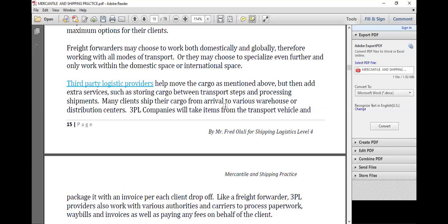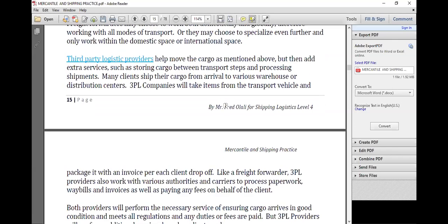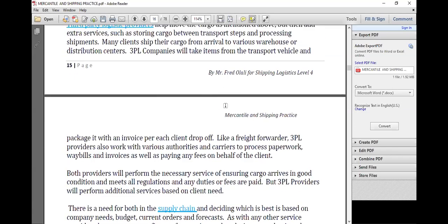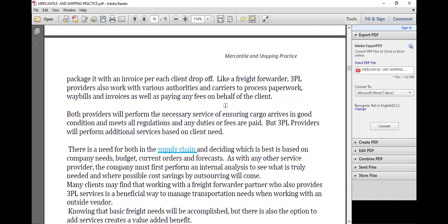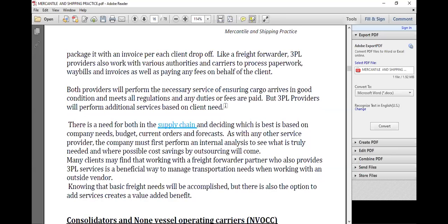Many clients ship their cargo from arrival to various warehouses or distribution centers, but the 3PL companies will take items from the transport vehicles and package them with an invoice for each client drop-off. So like a freight forwarder, 3PL providers also work with various authorities and carriers to process paperwork, waybills, invoices, as well as paying any fees on behalf of the client.